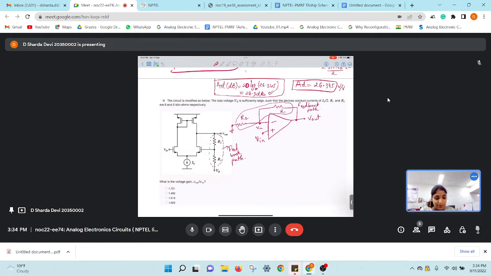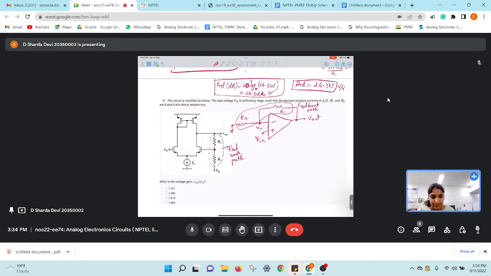We'll only apply input to one terminal, and this point's voltage will change depending on the input applied.